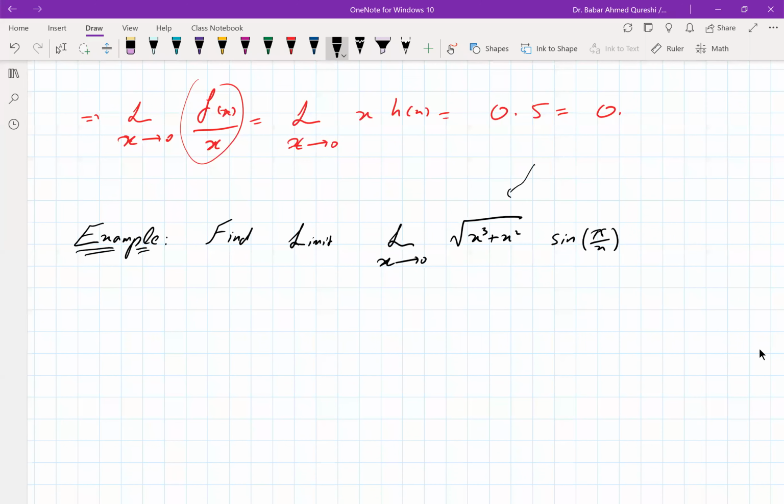So if I start to use sandwiching, or I think we called it the pinching theorem.